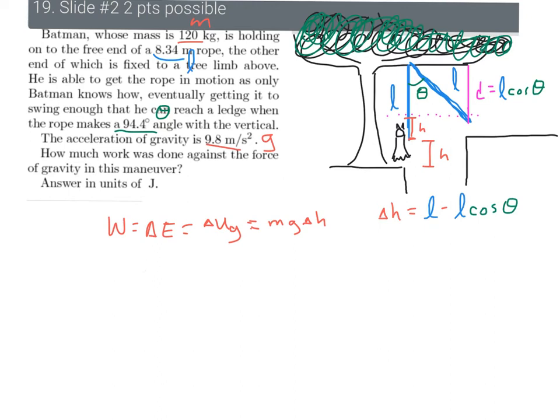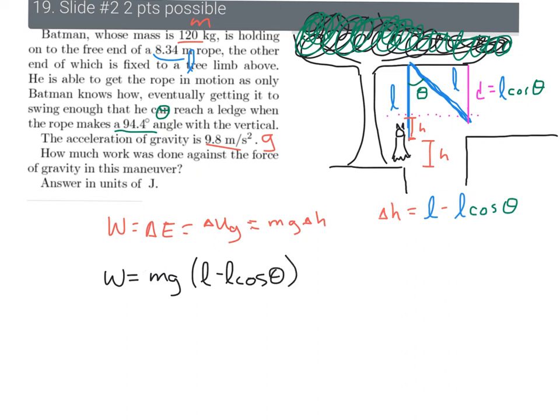So if we merge all this together, we'll get our equation. The work done is equal to mass times gravity, and in place of delta H, what we're putting in is L minus L cosine theta.